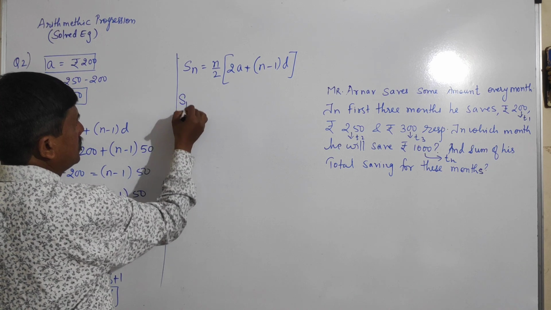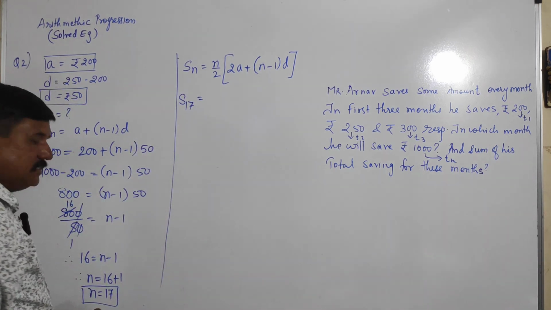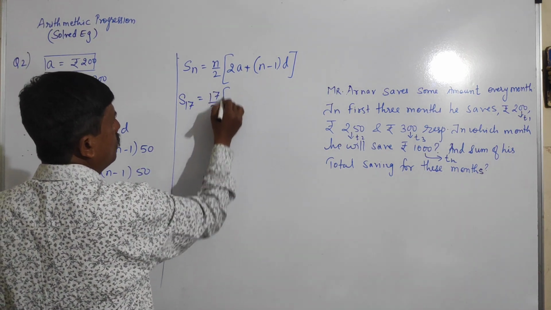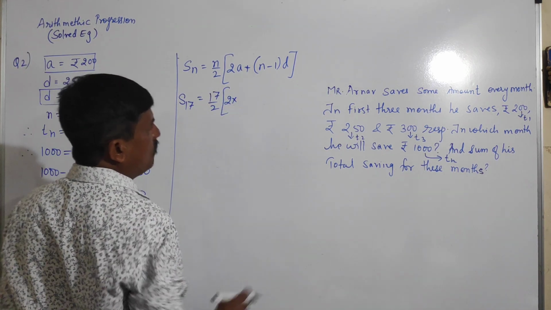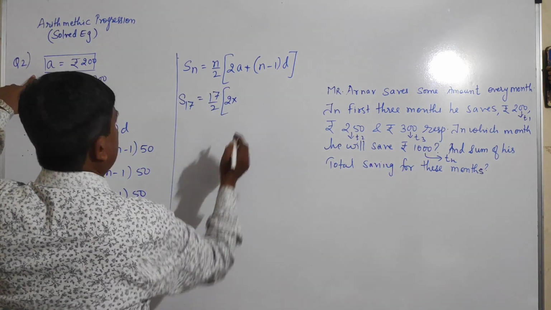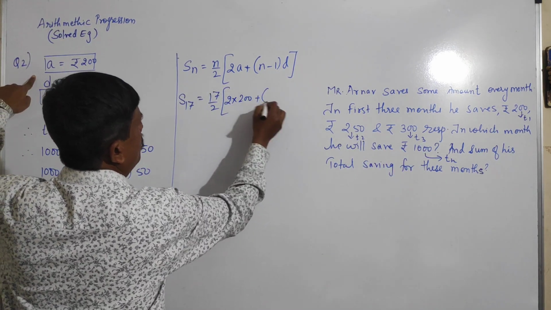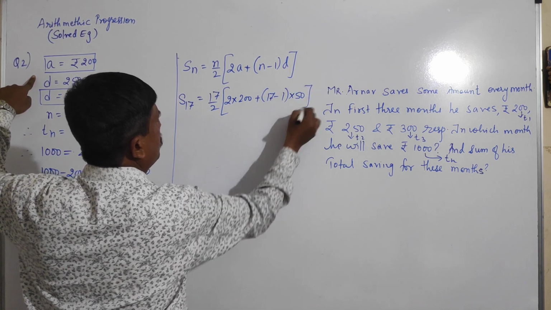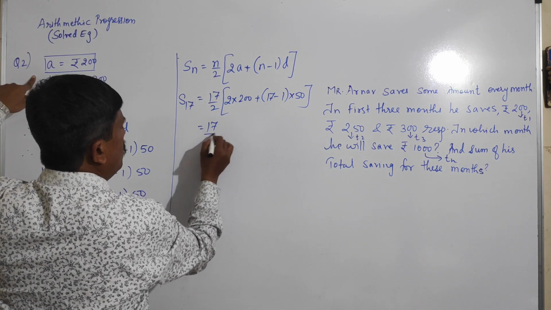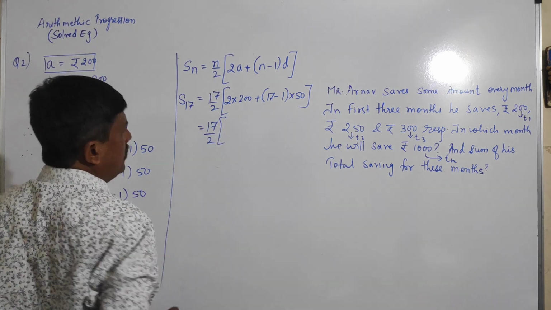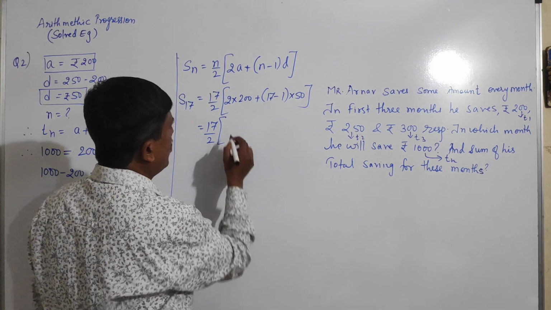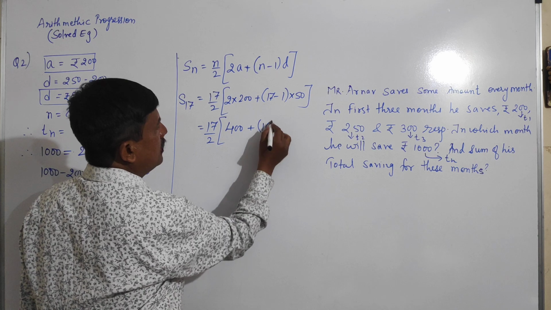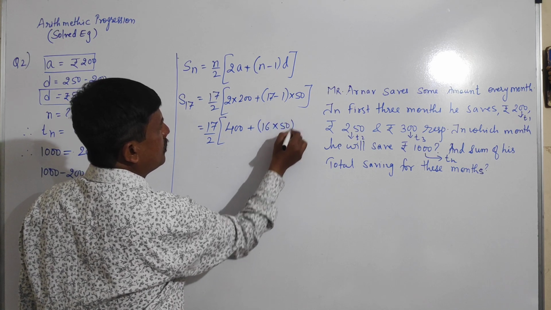Now the value of n is 17. 17 upon 2 into 2 multiply by the value of A, which is 200, plus n minus 1, 17 minus 1, into D, which is 50. 2 into 200 is 400 plus 16 into 50.